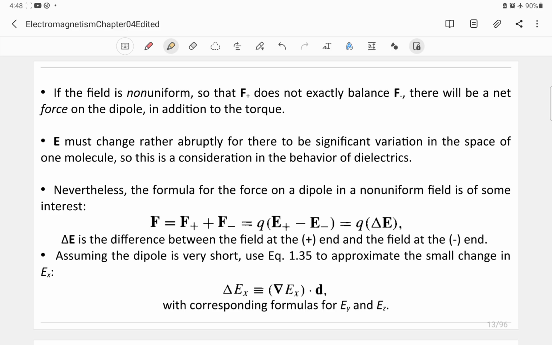So the formula for your force would be equal to this one. So there's a difference in the electric field between the positive and negative ends of the molecule.